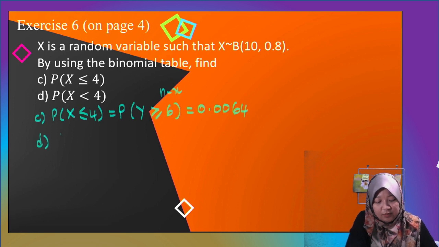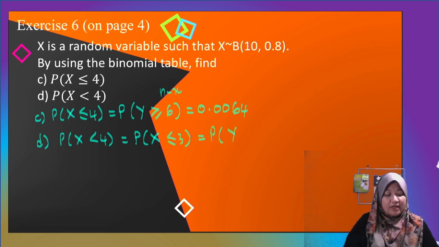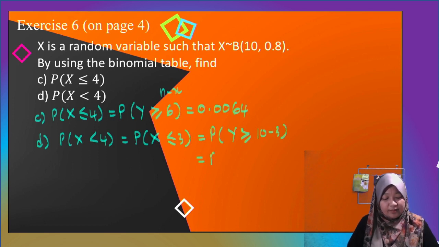Okay, untuk D, probability X less than 4. So, less than 4 untuk X is less than or equal to 3. Tukarkan kepada Y. Kalau X less than or equal to, untuk Y adalah greater than or equal to, 10 minus 3 means 7. Baca terus dalam table, awak akan dapat 0.0009.